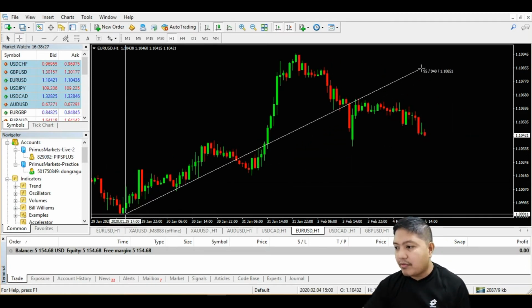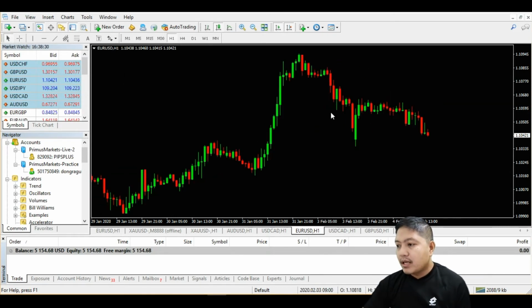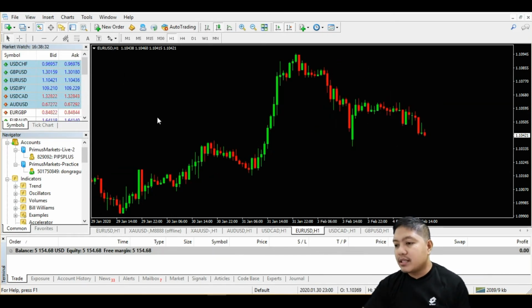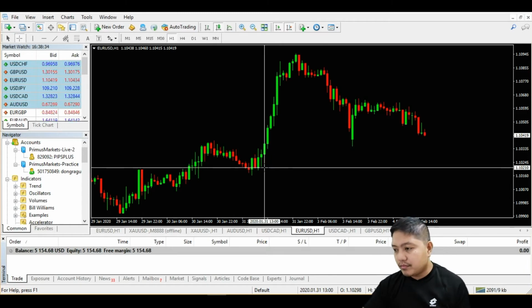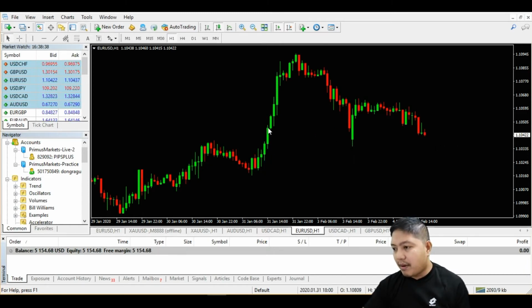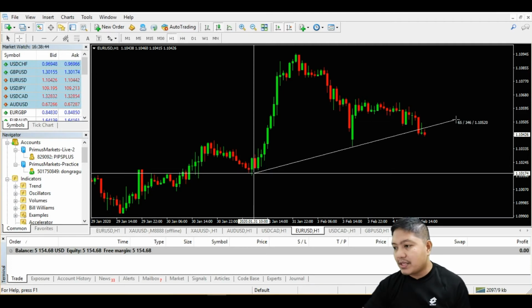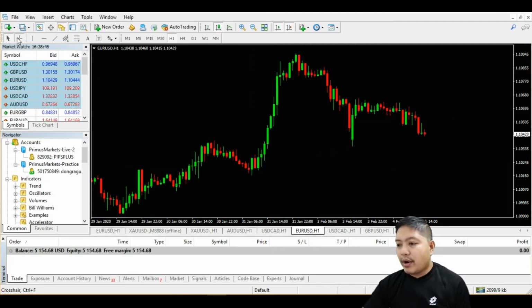So from here it's moving up, and this is just an example that this is your entry point. Maybe it's possible that the market will reverse back to an uptrend, right? So let's say this is your entry here.